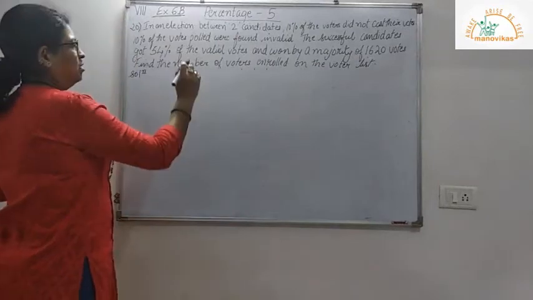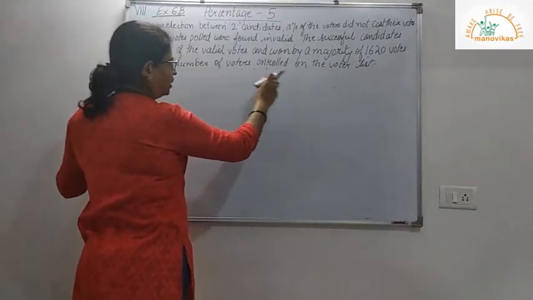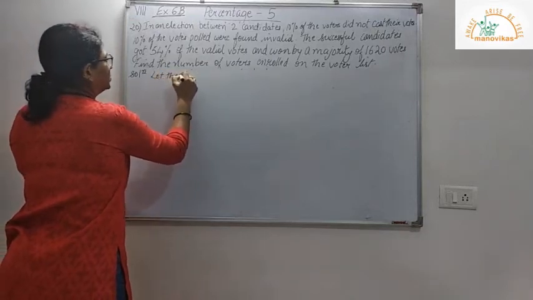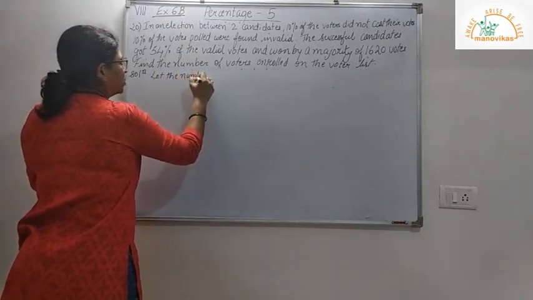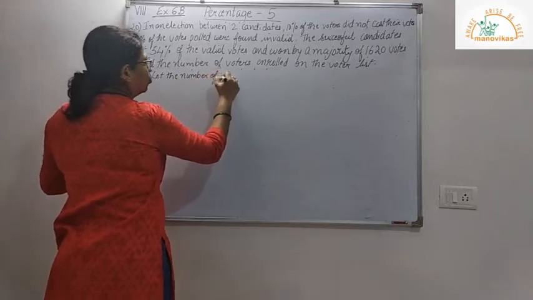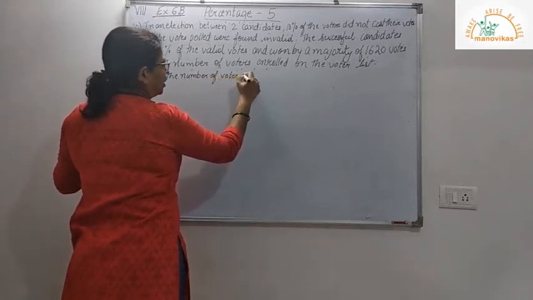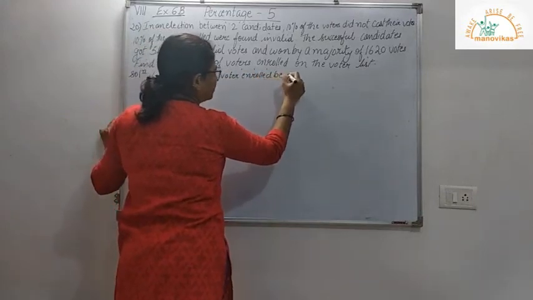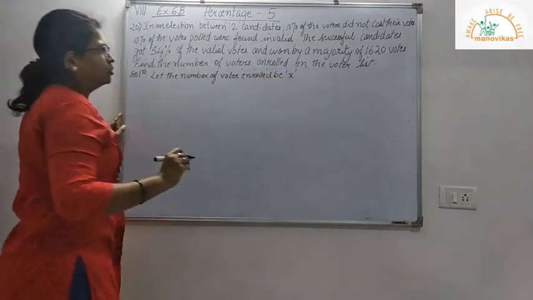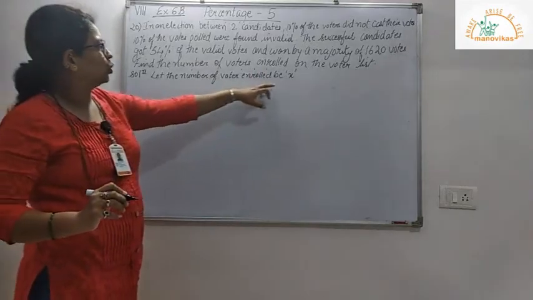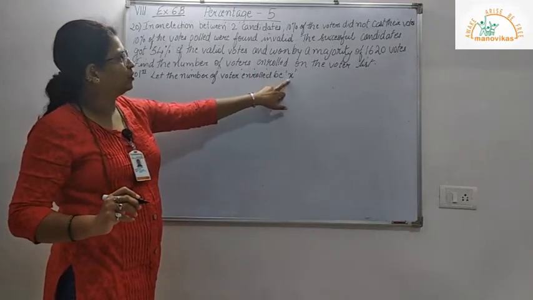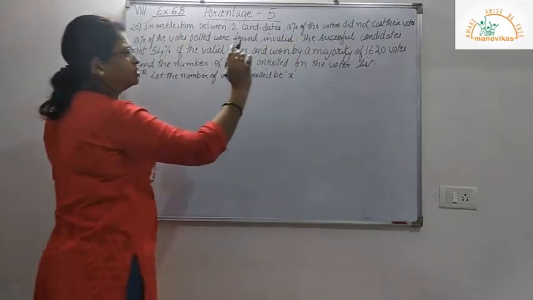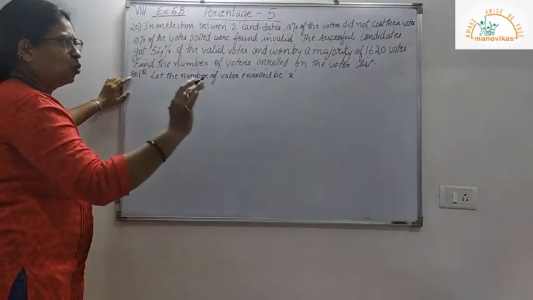Now let the number of voters enrolled be X. So now from this total voters which were enrolled, they have said that 10% of the voters did not cast their vote.